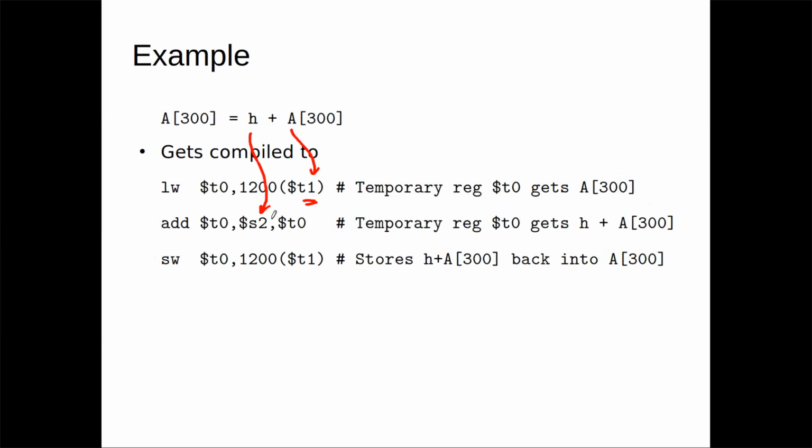Good. Any other questions about this example? What if the index is a variable instead? Right, this was the question from your classmate a second ago, but let's do it again. Imagine you have i here, and I assume that i is inside some register. Let's assume it's inside T1.